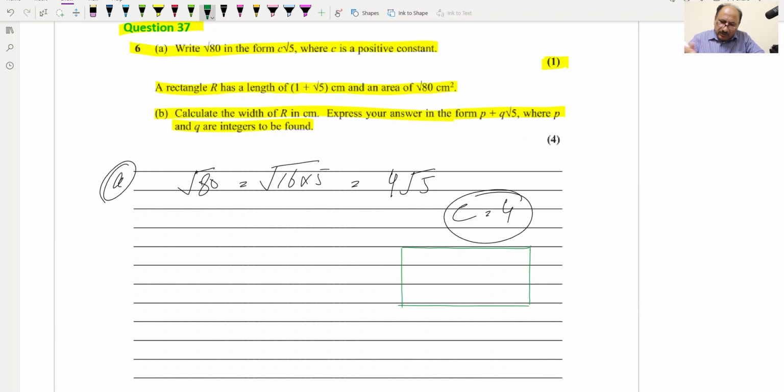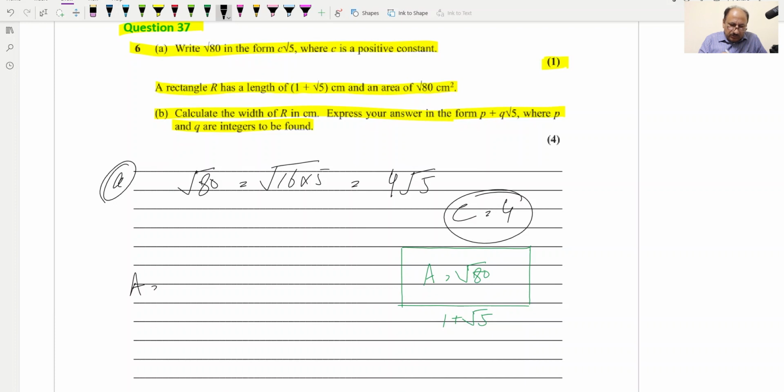So this is the rectangle, and the area of the rectangle is given, which is equal to under root 80, square root of 80, and length is given as 1 plus under root 5. So this is the length. We know in case of a rectangle, length into width is equal to area.